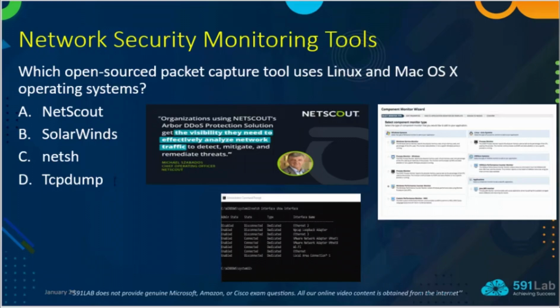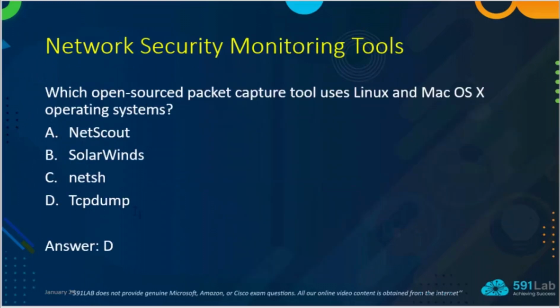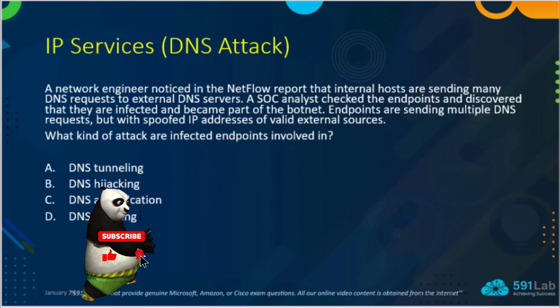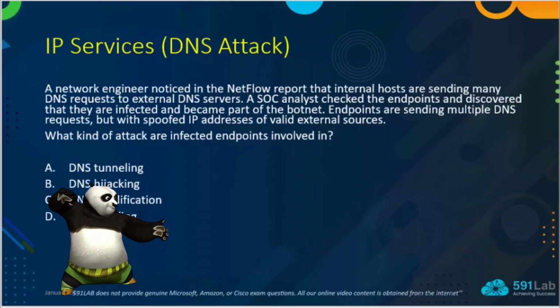But tcpdump is only for Linux and macOS. That's why option D will be our answer. netsh is for Windows. So D is our answer to this question. Alright, moving on to our next question.